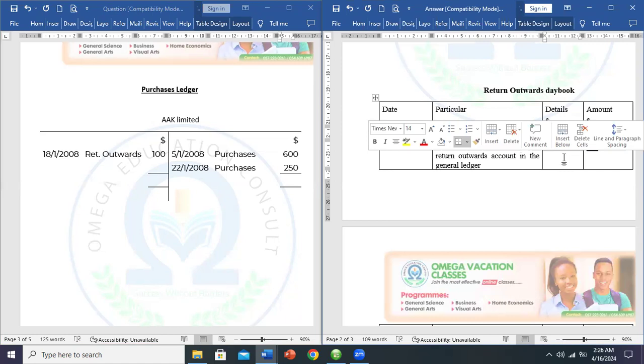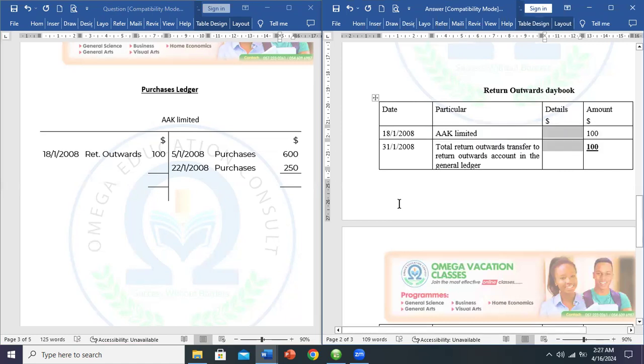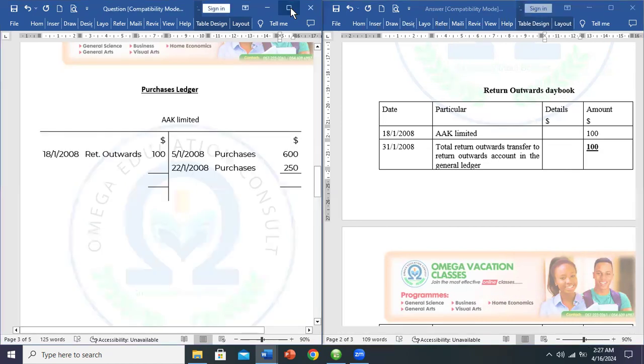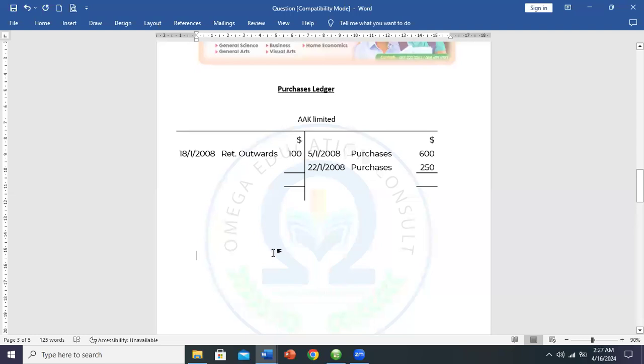So the concept of discount. Last time I hinted that when we say discount, it simply means allowance or reduction. So a discount is an allowance or reduction in the price of a good or service.